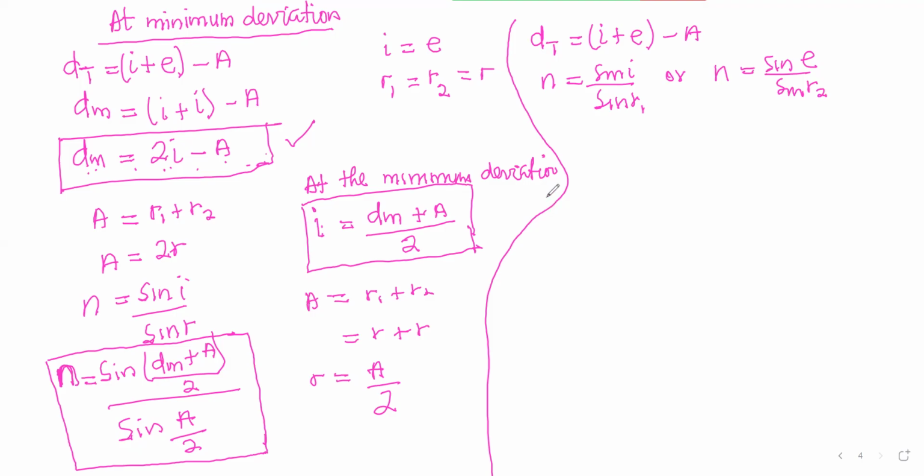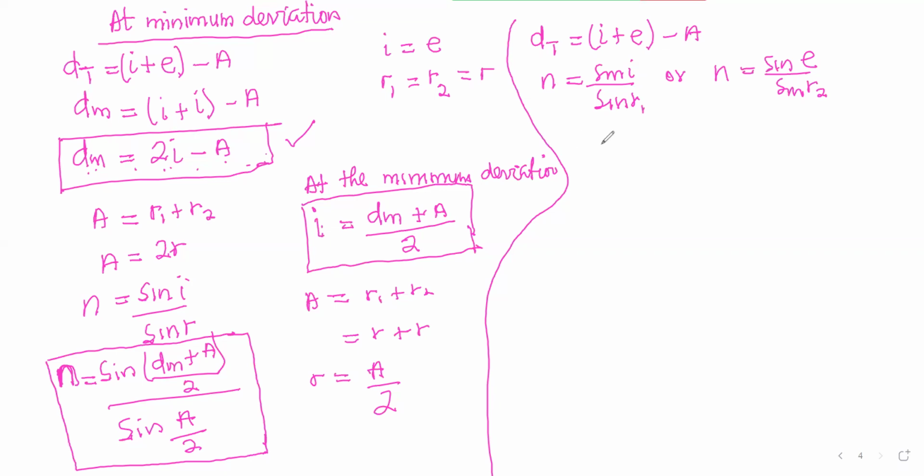If I'm told that the ray passes through the prism symmetrically, or if I'm given any such information, look at this question. We are told to calculate the minimum deviation. Once there is that talk about minimum deviation, then you must use equations concerning minimum deviation.